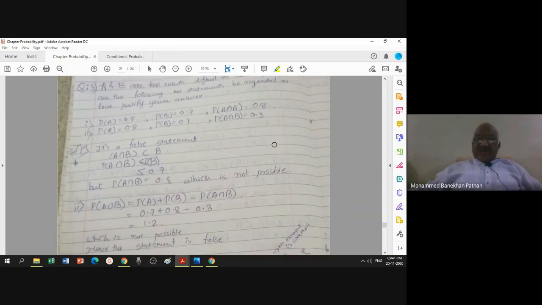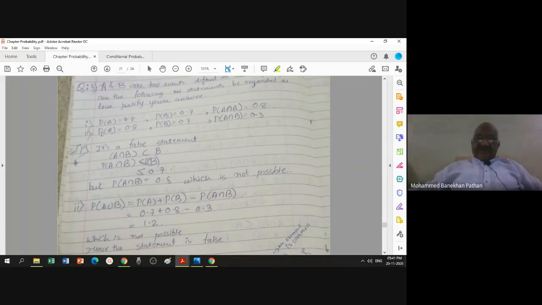So you have to say here whether this information is true or false. If you say true, you have to justify how it is true. If you say false, again you have to justify why it is false. Now, first statement is PA 0.8, PB 0.7, and P of common is 0.8.